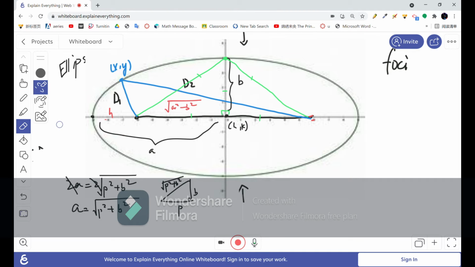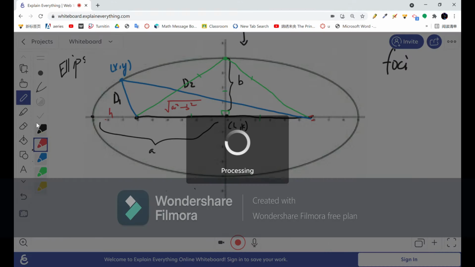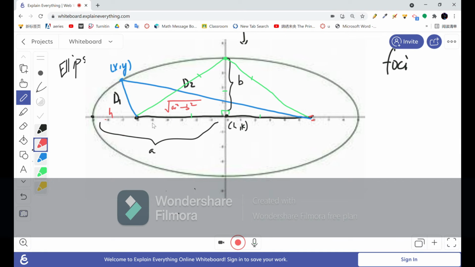So let me erase everything. Now what do we have? Since by definition the sum of the distances must be equal, we can set up the equation. Let the point be (x, y). Then the foci are at (h minus p, k) and (h plus p, k).